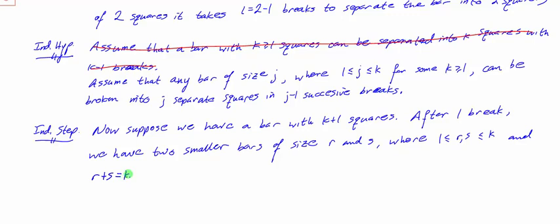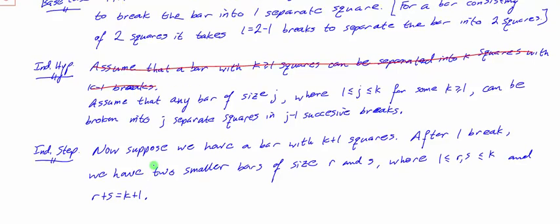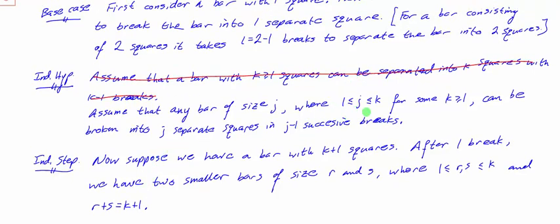But we know that R and S relate to k in that way. R plus S will be equal to k plus 1 because of where they came from. So in this case, the R and the S do depend on k, but we're never going to be in a situation where one of them could be less than the smallest size.